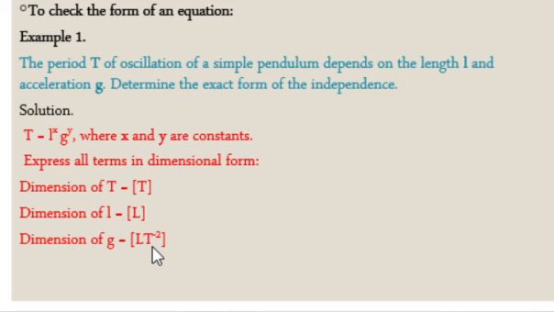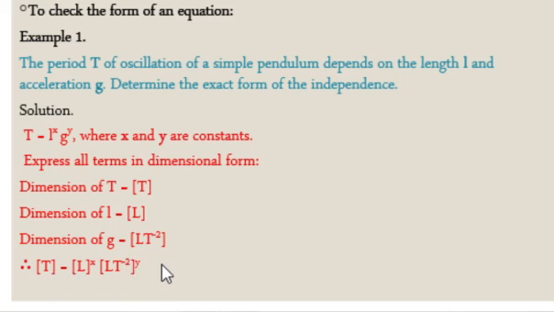So we have written the dimensions of the parameters. The next step is to substitute these dimensions into the equation. So we have T equal to L raised to power x times LT raised to power minus 2, all raised to power y.